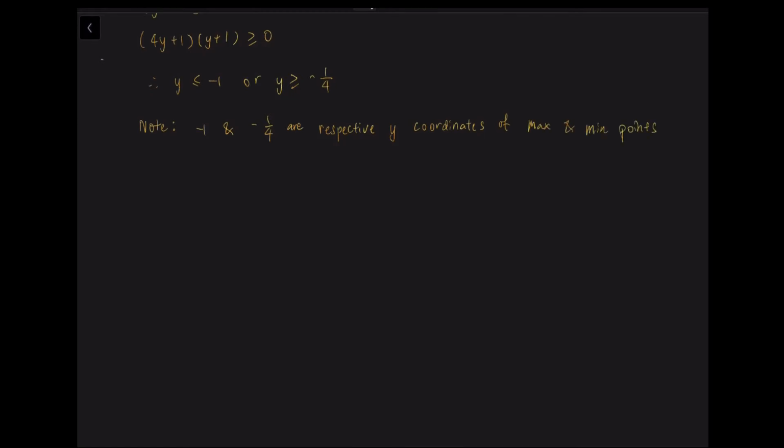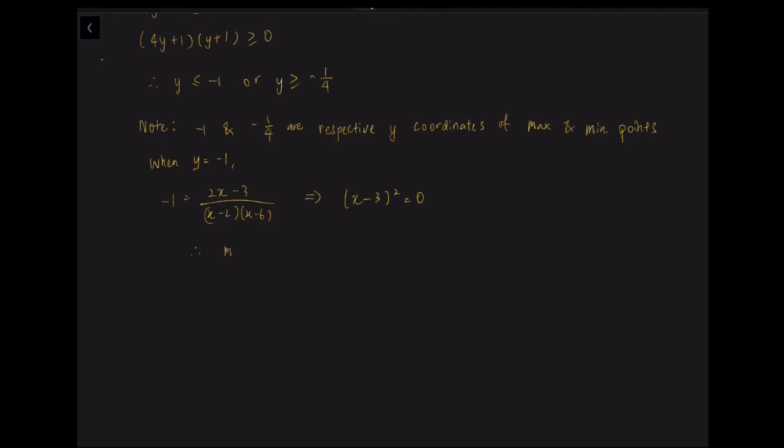This is a fairly easy way to obtain the stationary point without having to use dy/dx. So now you just know that y equals minus 1 and you substitute it into the original equation, and we can do this computation and find out what is the x value. When y equals minus 1, once we finish this computation, we know that x equals 3.